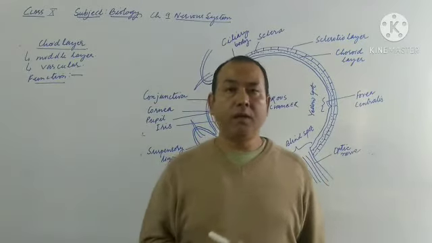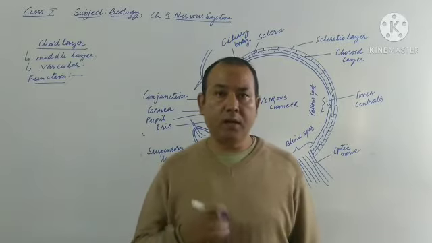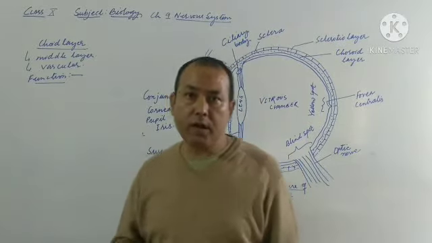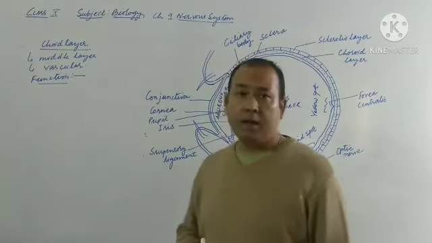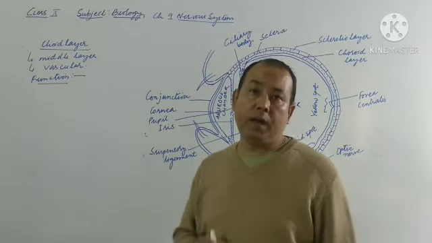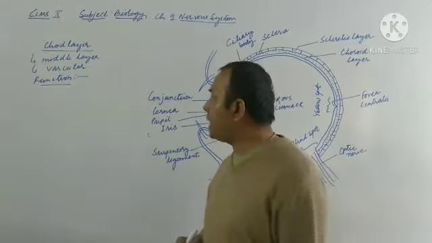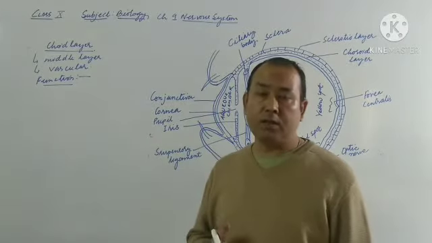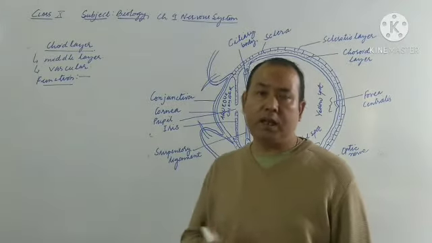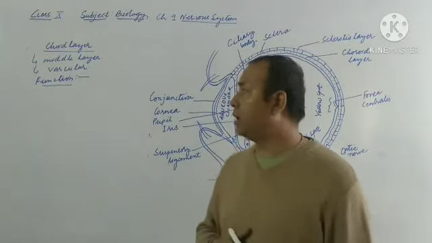So this choroid layer mainly nourishes the retinal cells or retina. So two functions we came to understand here. Number one, it darkens the eye cavity to prevent internal reflection of light. The second, it nourishes the retina as it is supplied with blood vessels. Whatever nutrition is required by the retinal cells is all provided by this choroid layer.